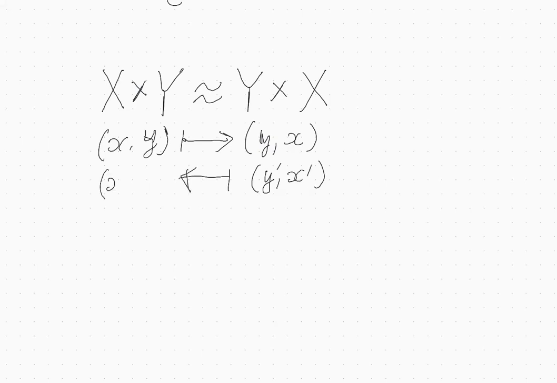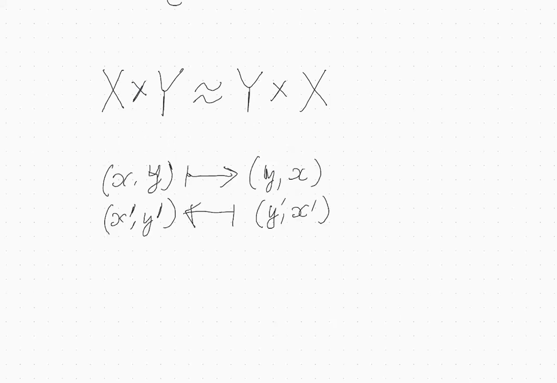And now I need to check that these two maps are inverses of each other. So let's give them names. One of the maps we can call F, and the other we can call G. So I'll have this map F, and backwards I'll have the map G. And I want to prove that GF is identity, and I can do that by applying it to an arbitrary element xy and computing the result.